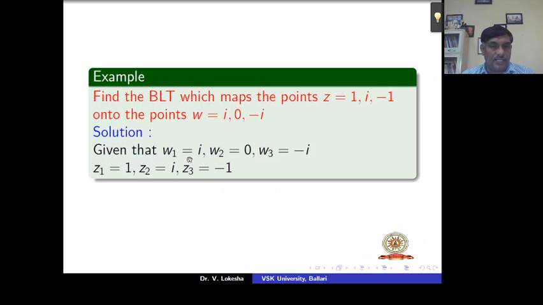We can write w1 is equal to i, w2 is equal to 0 and w3 is equal to −i. Similarly, z1 is 1, z2 is equal to i and z3 is equal to −1.